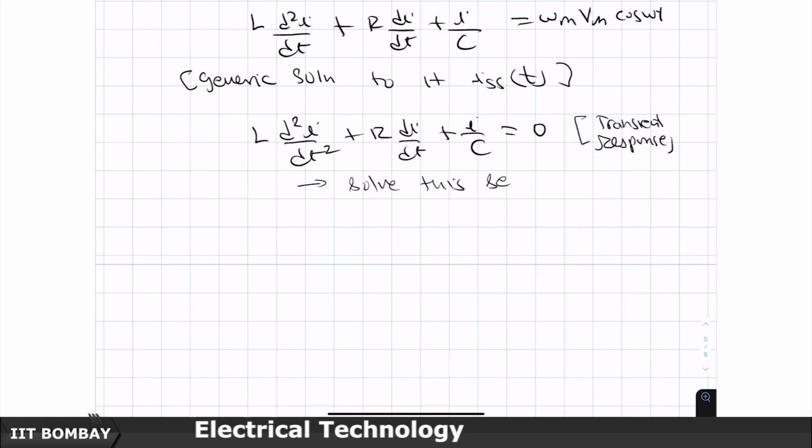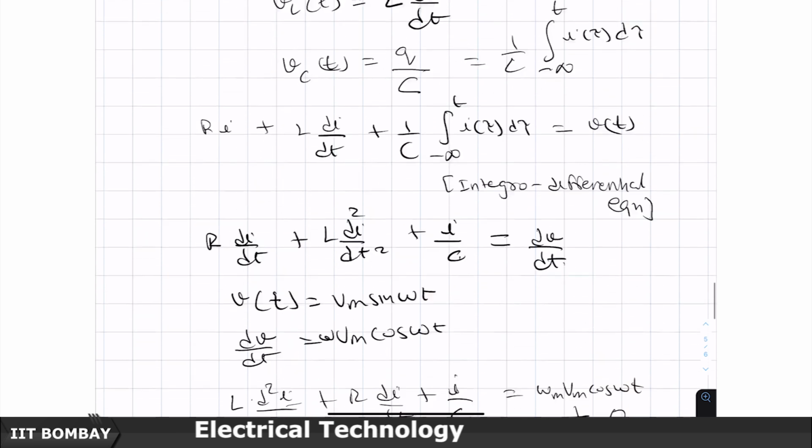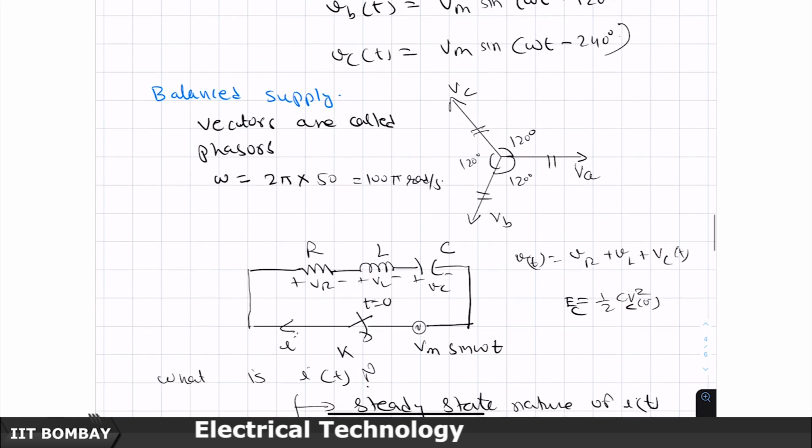So, you just have to solve this second order differential equation, the homogeneous second order differential equation, and get a solution for it, and then based upon the initial conditions on the initial inductor current and the capacitor voltage, these are the two energy storage elements associated with the differential equation to begin with.